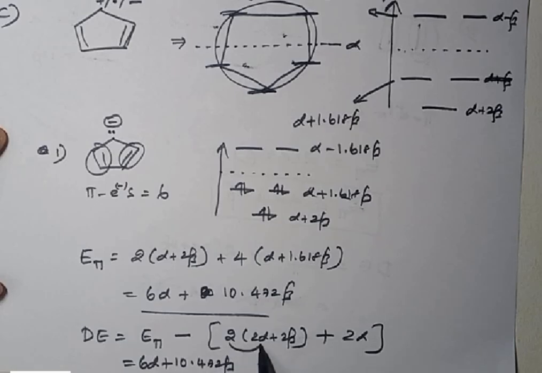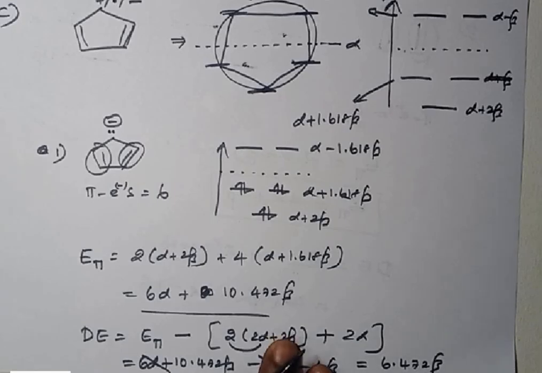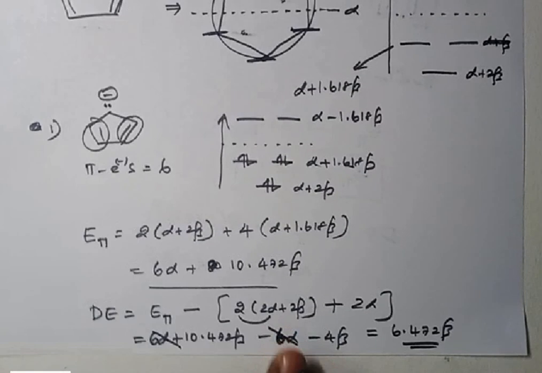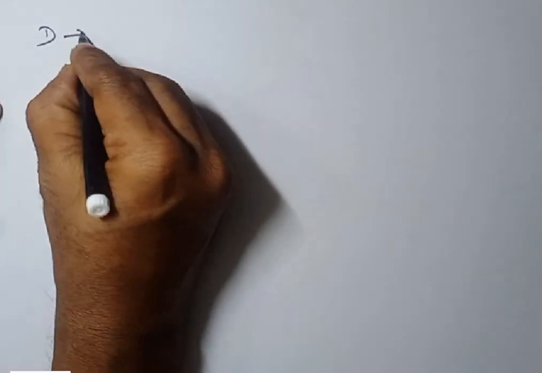Here, 2 into 2 alpha is 4 alpha, and here 2 alpha, so I have 6 alpha, then 4 beta. 6 alpha cancel. 10.472 minus 4, if I subtract, we'll get 6.472 beta. Am I right? This is the delocalization energy. Check it. Now we'll move on to the next system, that is the benzene system.